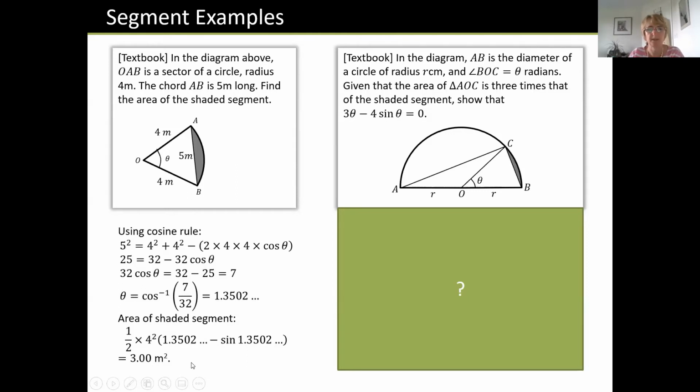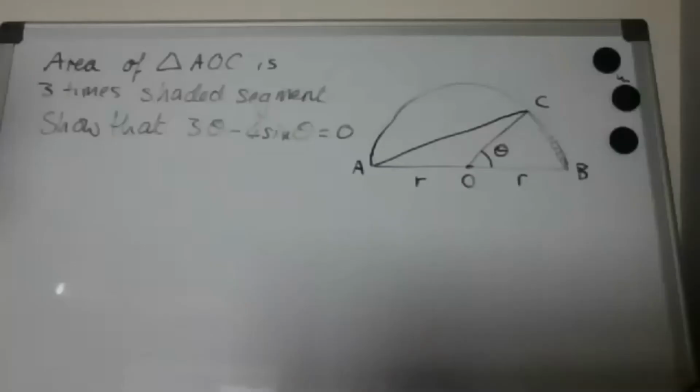Now this last example here is a bit more complicated, so I'm going to show you the solution to this one on my board because I think I can explain it better that way. So just hang on a minute while I show you my whiteboard. So here it is, I've written it out again, and this is example 16 in your textbooks, and it's on page 125.